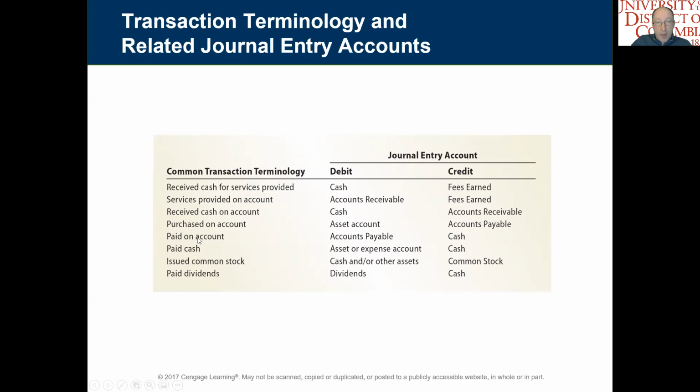And now we're going to make a payment on that equipment that we purchased earlier but haven't paid yet. So we're going to pay on account. We decrease our accounts payable by debiting it, and we decrease our cash by crediting our cash.